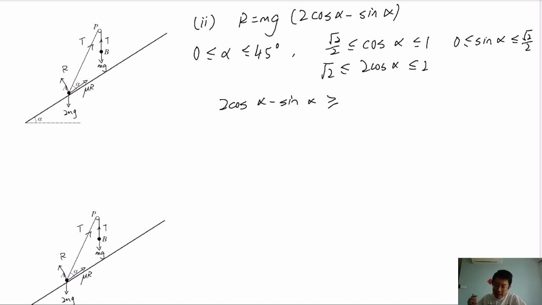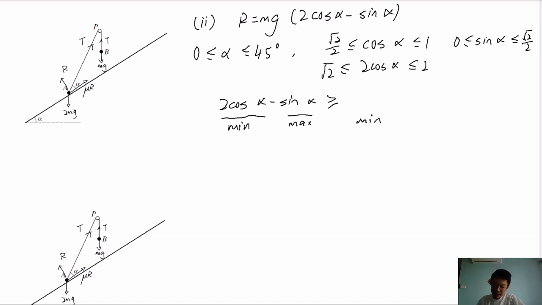But how do we know it's greater than root 2 over 2? We have two terms here: 2 cos alpha and minus sine alpha. By manipulating these two terms, how do we get the minimum value for this expression? In order to get the minimum value, the 2 cos alpha must be the minimum and the sine alpha must be the maximum, so it will result in something minimum because it's a minus.